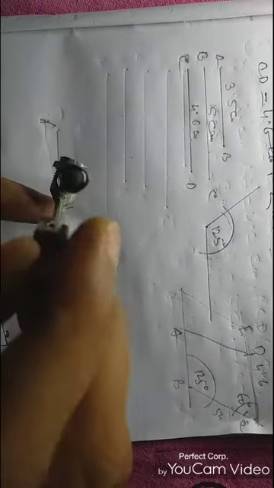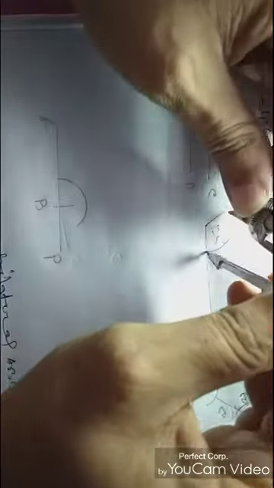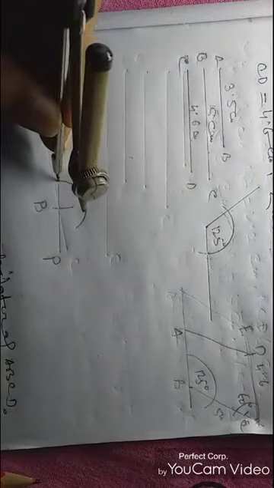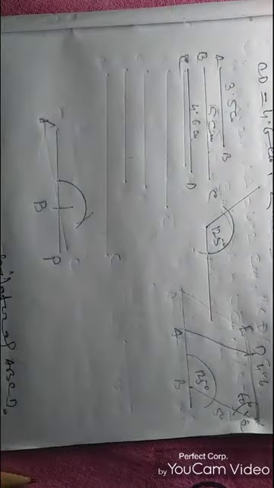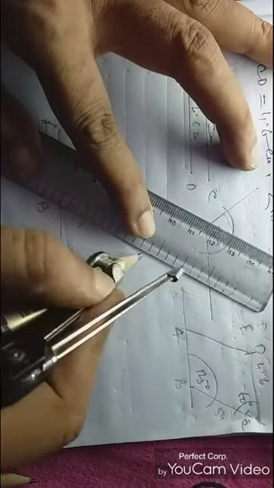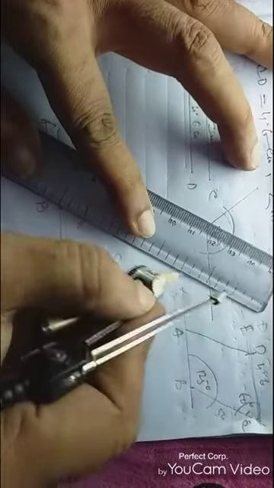Take the same arc here also at the point B and take this measure like this. This is the arc length between this arc angle, and cut it from here. So this is actually 125 degree. You will get this line.